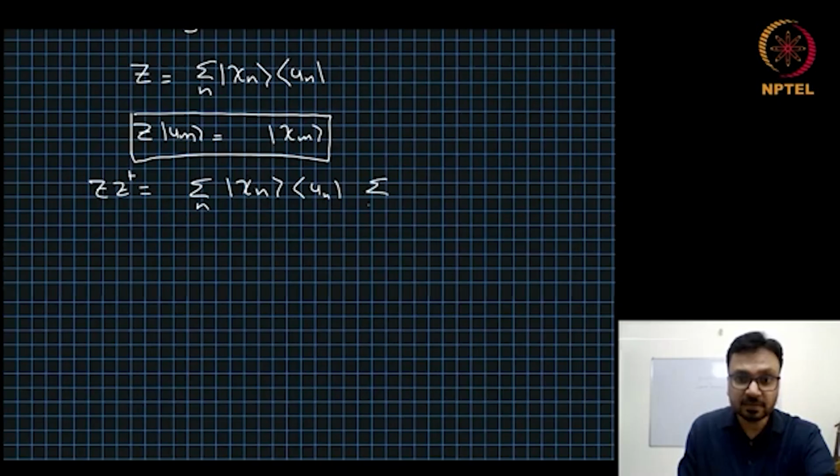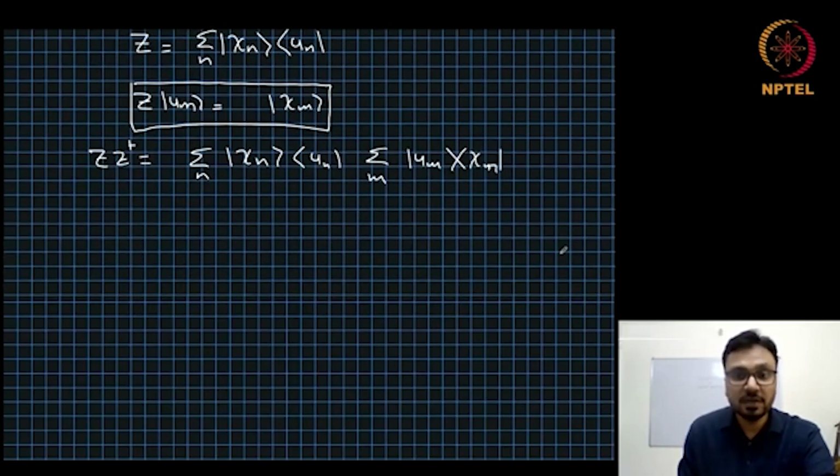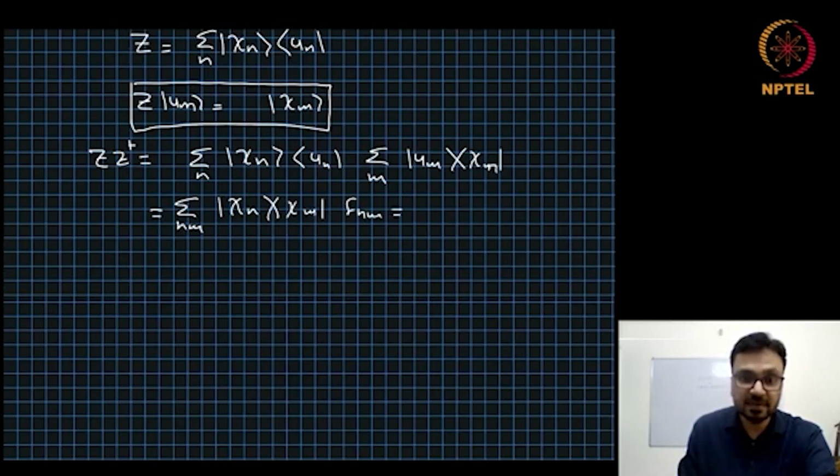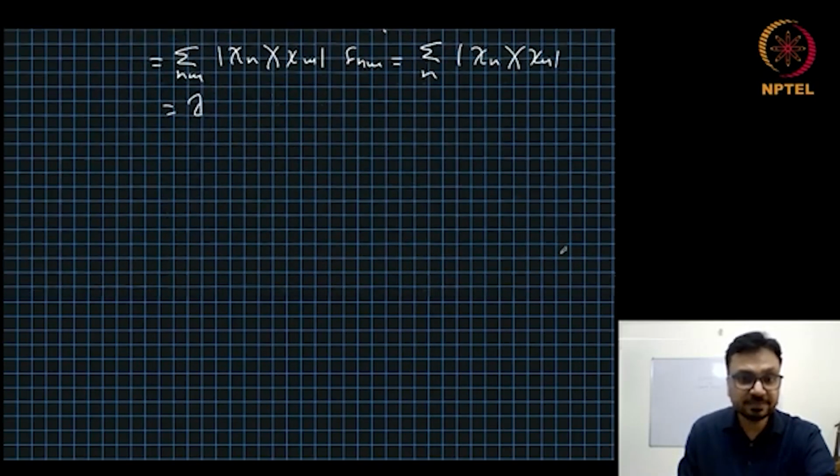Multiplying, sum over n m, u n u m will give us delta nm, chi m delta nm, which is equal to sum over n chi n chi n, which is identity.